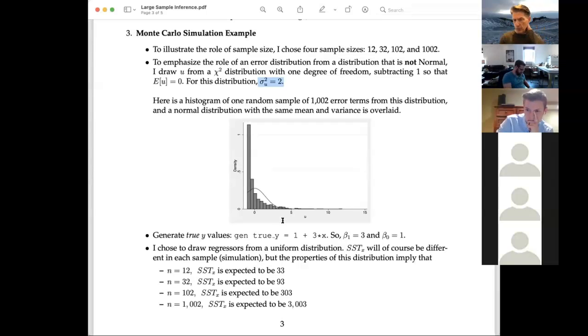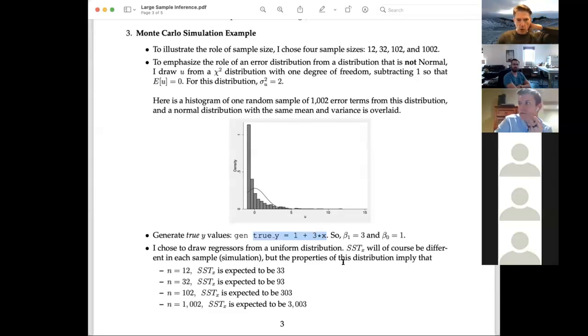And so we're going to test our theorem here from chapter 5 based upon its performance with this error distribution across these different sample sizes. Once again, here's our model, 1 plus 3 times x. So we've set the population parameters, beta 1 equal to 3, beta 0 equal to 1.